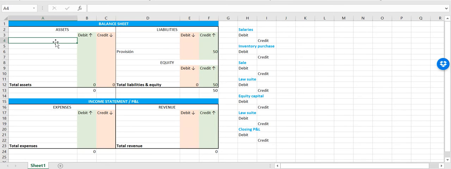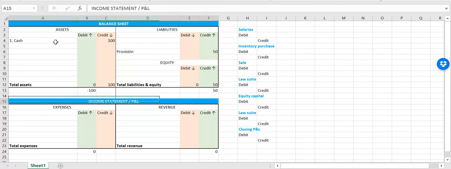So let's start. The one recommendation I have for everybody is always start with the easiest entry, which is usually cash. So the first example I want to do is that the company is paying some salaries. So we have cash that goes out. If it's going out, it means it's credit, 100.